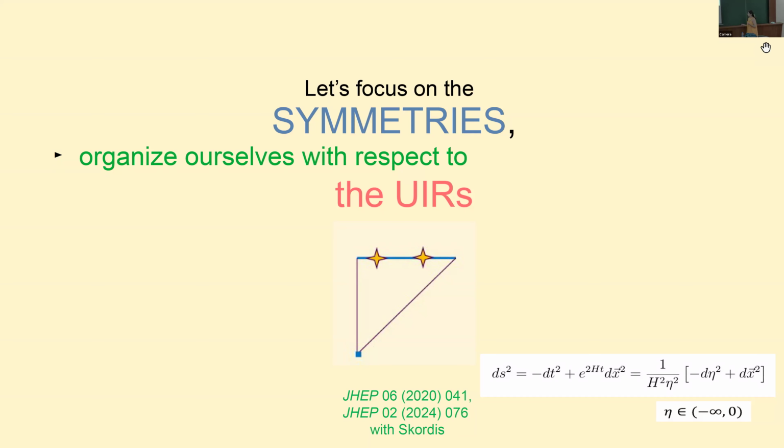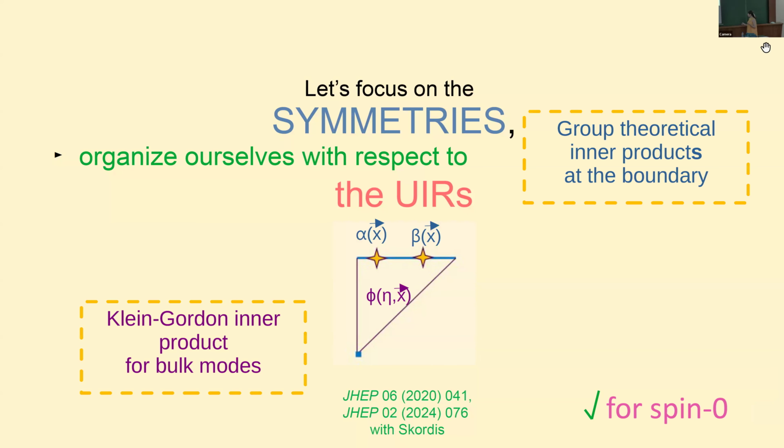So we started doing this work with Konstantinos Skordis at SECO at Prague. And the main lesson we learned was, while the Klein-Gordon inner product is perfectly fine in the bulk, that's the way to normalize the mode functions in the bulk.